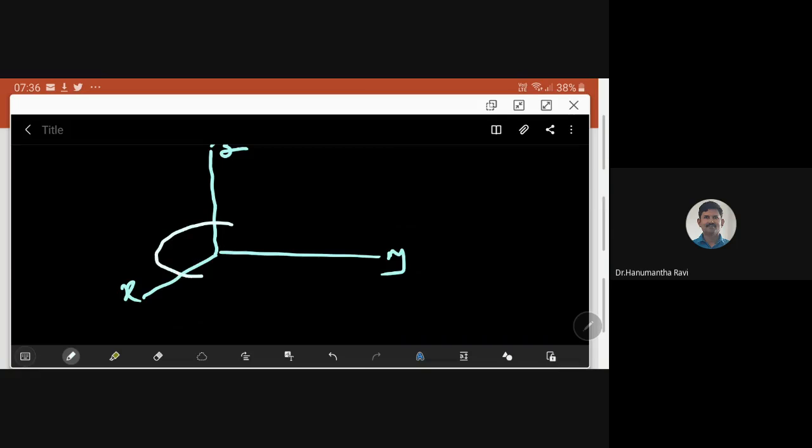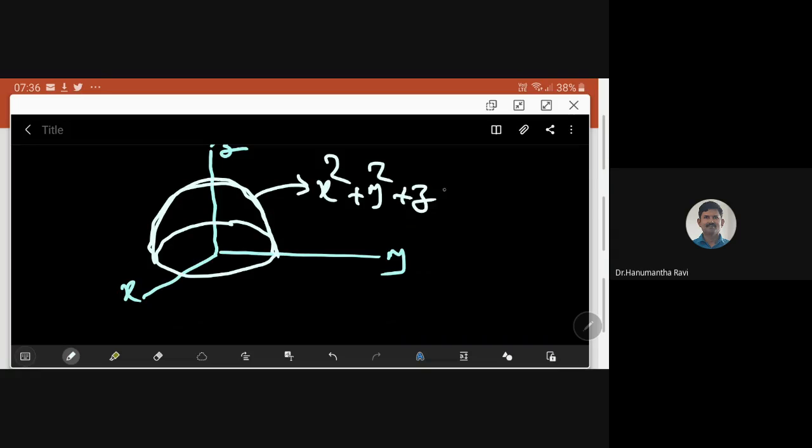When z is greater than or equal to 0, it means the upper portion above the xy plane, so it will be like this. This is the sphere, and its equation is x square plus y square plus z square is equal to 1.